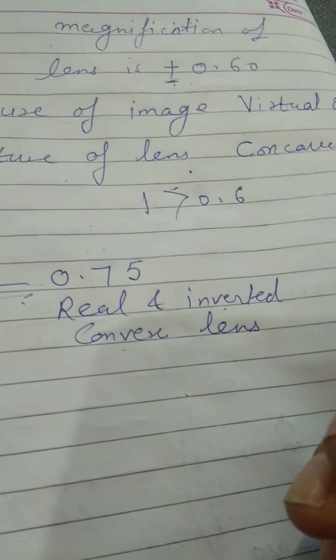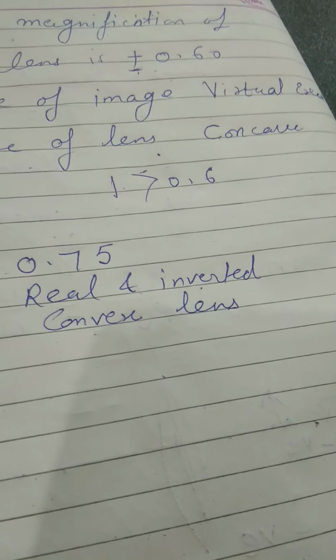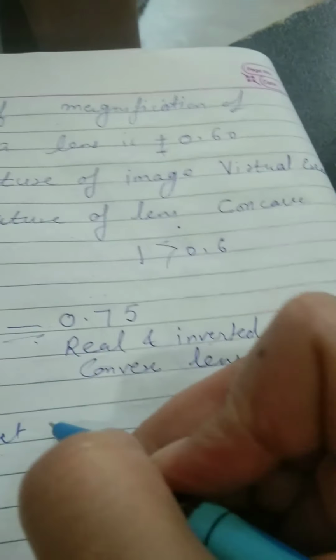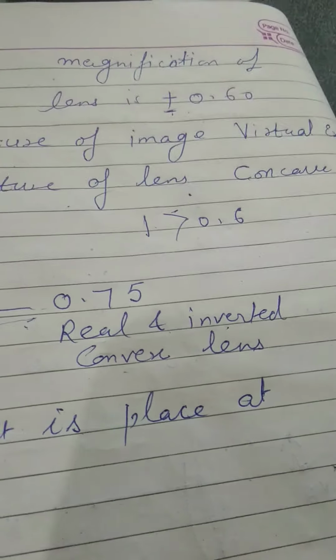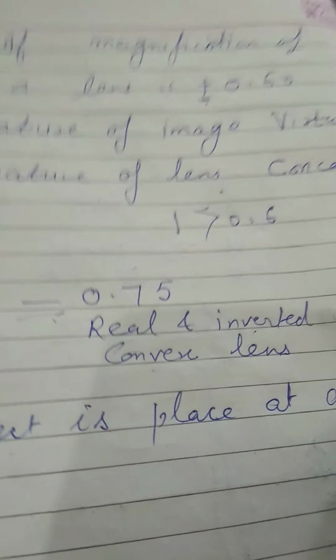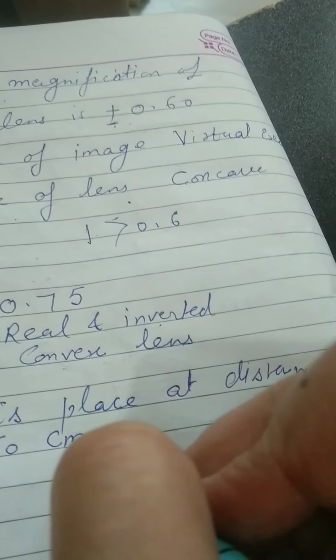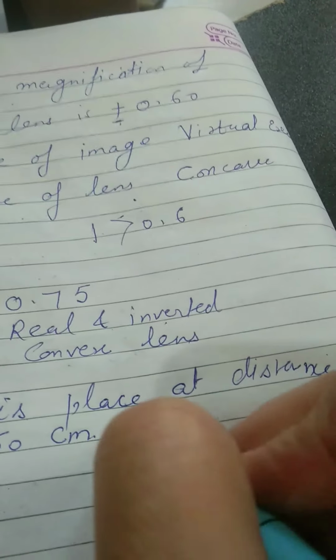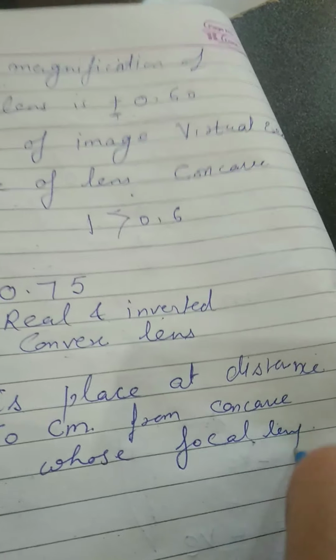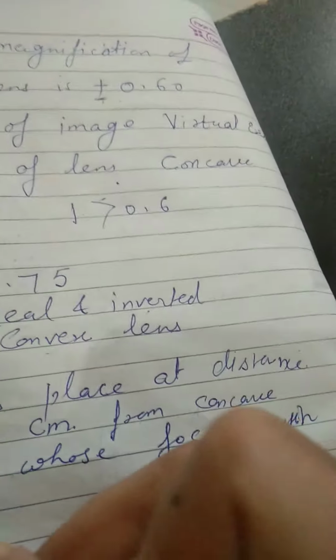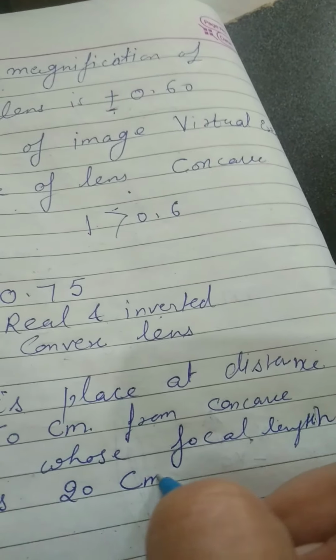Okay. Now next I am taking one more question for you. An object is placed at a distance of 50 centimeter from a concave lens whose focal length is 20 centimeter.